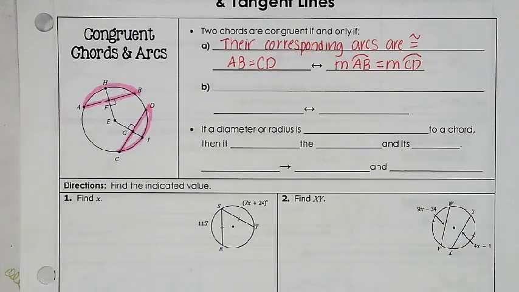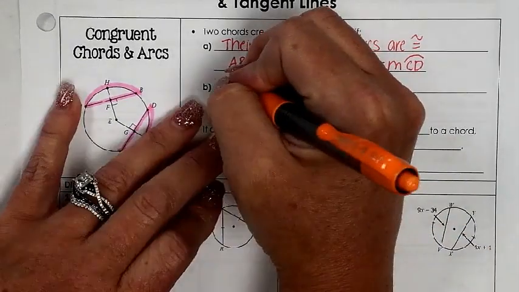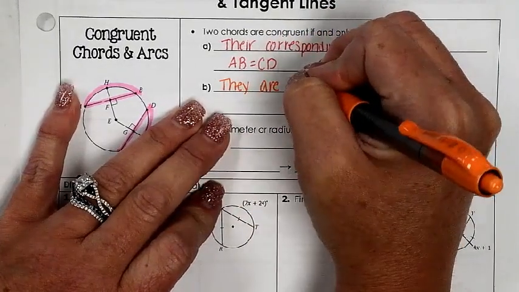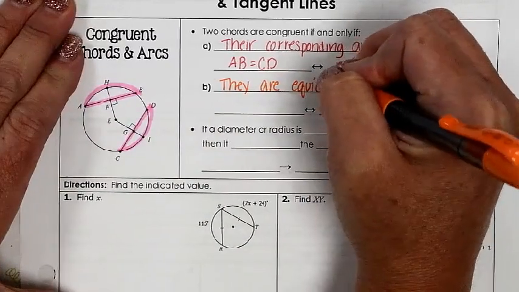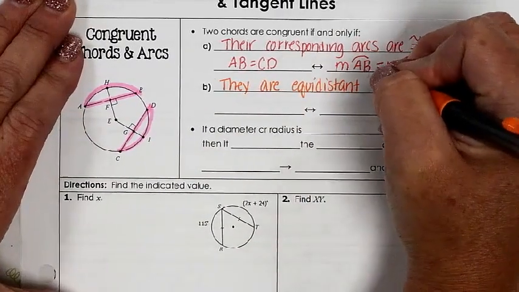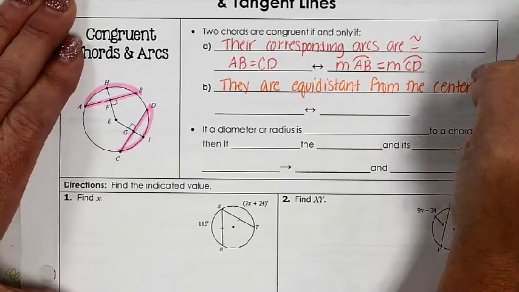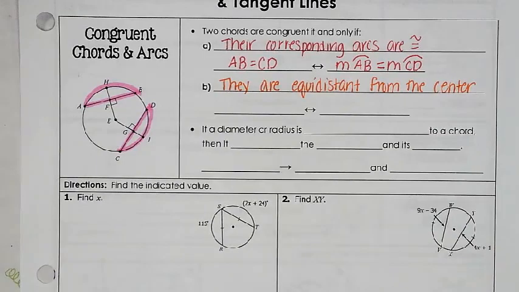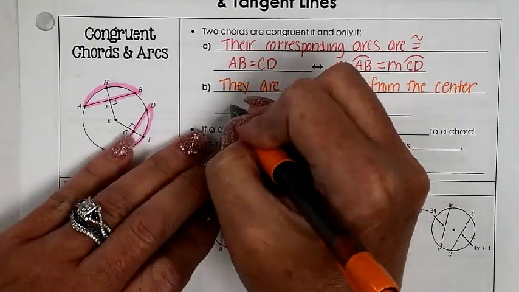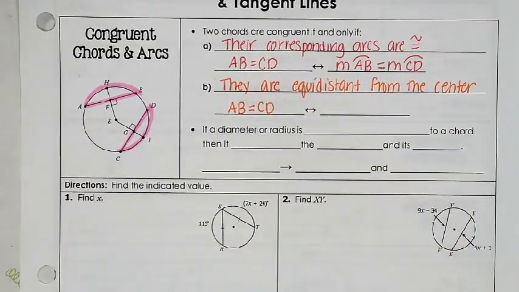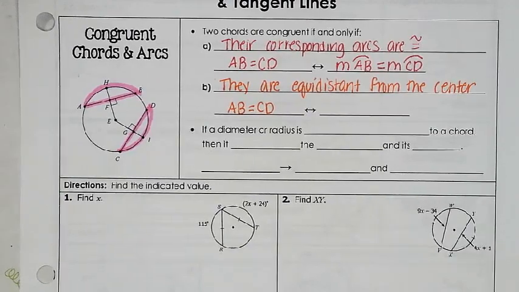And then we also know if they are congruent, they are equidistant from the center. So starting with the two chords are congruent, so we're still talking about AB is equal to CD. Then they are equidistant from the center.